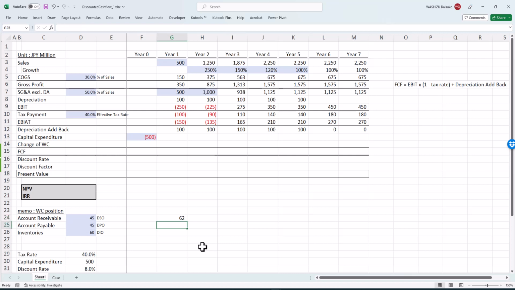Okay, so we do the same thing for the account payable. Account payable is 45 days of the COGS.